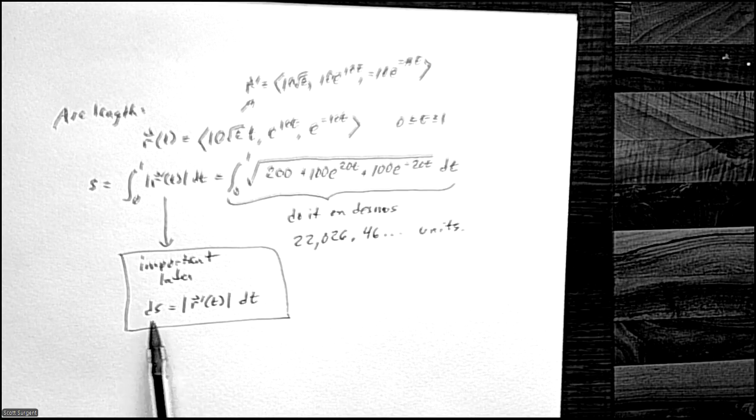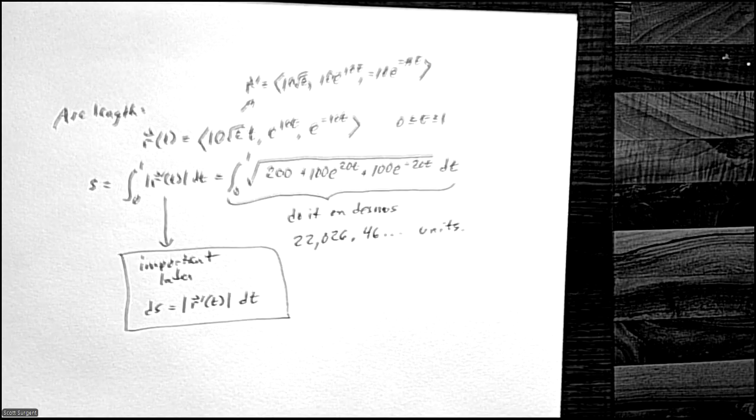What the DS segmentation is doing is forcing a consistent segmentation of the curve. Unfortunately, the DT segmentation doesn't do that. But on the other hand, the DT segmentation is the easy one. So us human beings will want to do the DT type segmentation because it's easy. But for the math, we need the DS. So this is the little formula that relates the two. Interestingly enough, later on you won't be asked to do arc length, but you will be asked to work out integrals where this thing shows up, and this is how you undo it. So it'll be an important thing for later on.